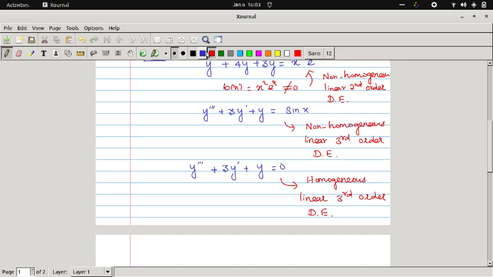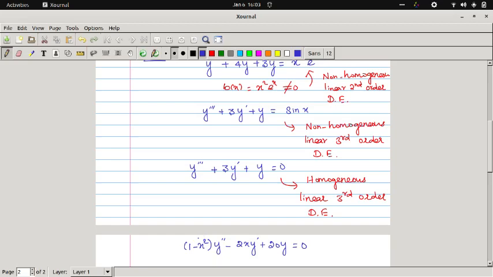One more example we see, that is for variable coefficients. So (1 minus x square) y double prime minus 2x y prime plus 20 times y equal to 0.